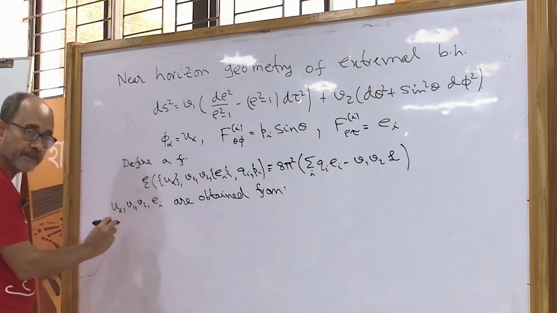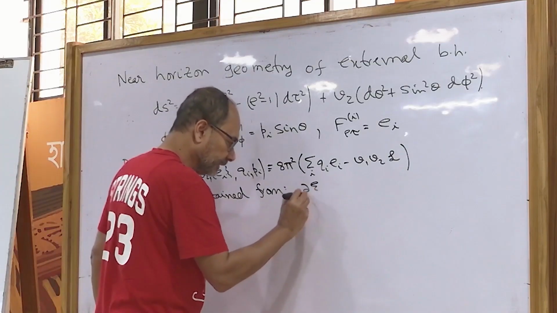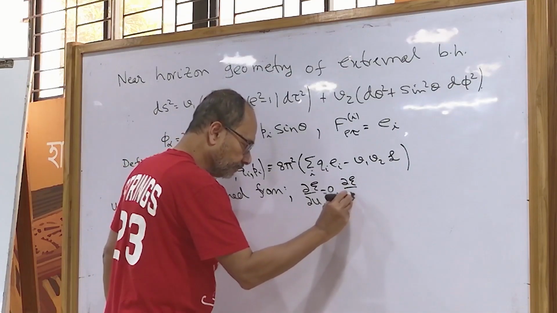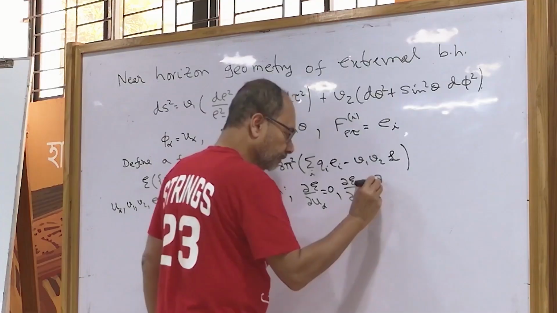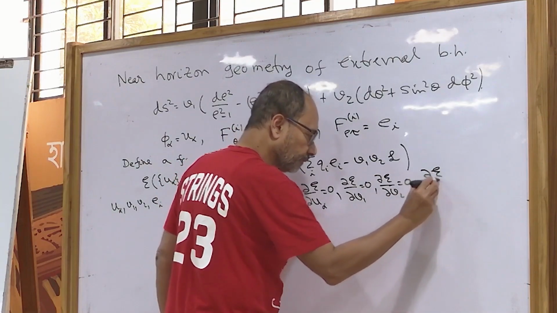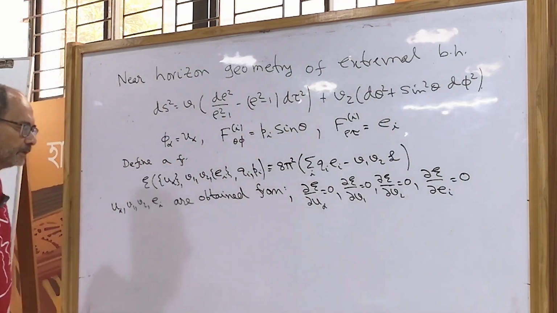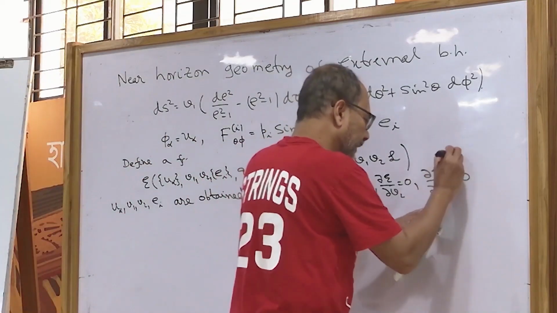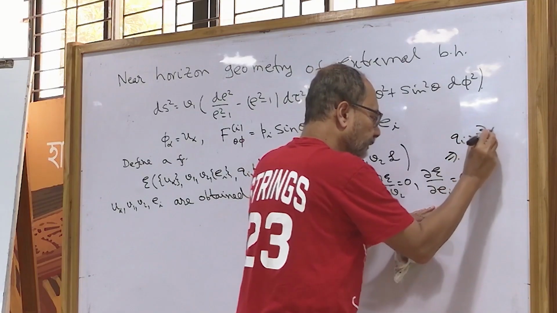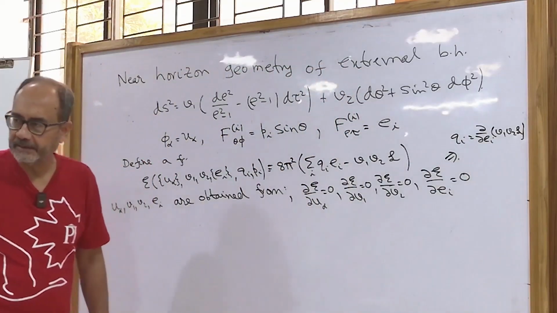if I write it, this line will be visible at the back or no? Maybe I write it here. Okay, this equation del E del e_i equal to 0 basically implements that q_i is equal to del L del e_i of v1 v2, which is the definition of the electric charge.